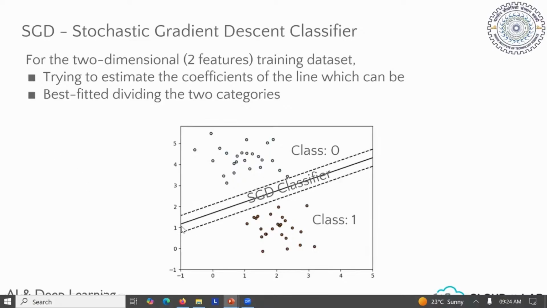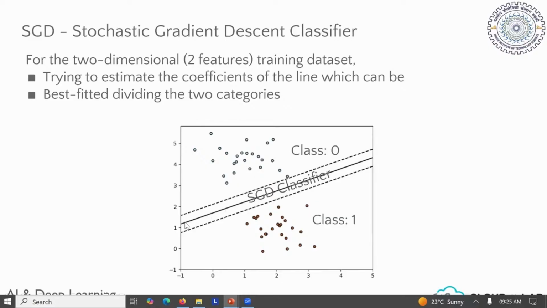For this simple problem, if you are estimating this classifier, then this classifier is nothing but the equation of a line. If you want to estimate the equation of this line, we need to estimate two parameters: the slope of the line and the intercept of the line. If you change the slope, the orientation of the line will change.